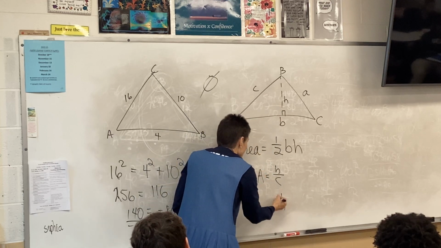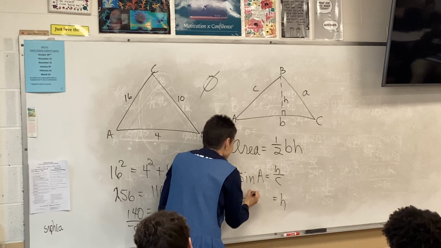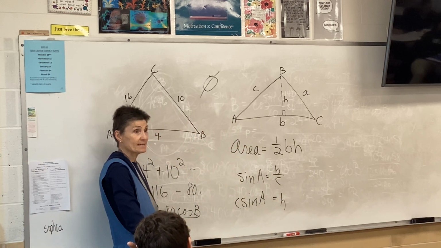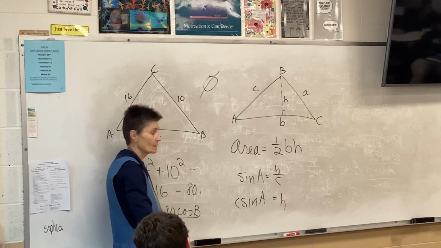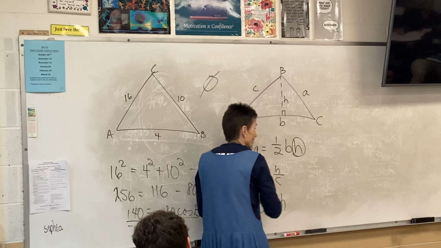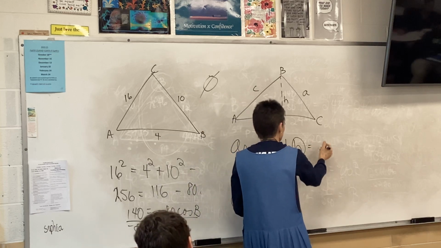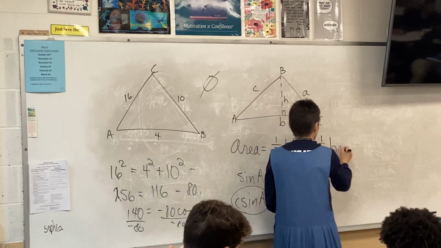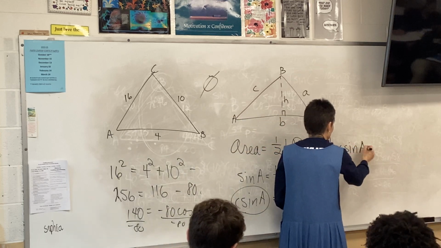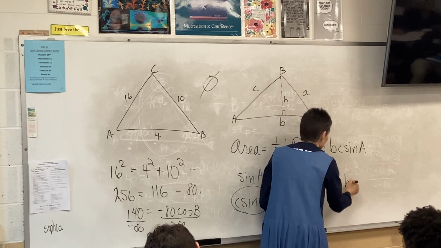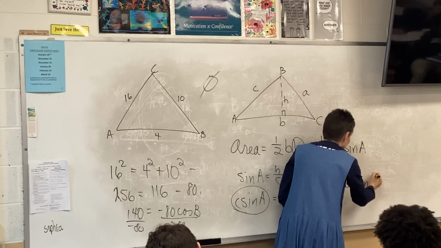So H is C sine A. If I solve for H, it's C sine A. If I were to take that and plug it in here, then my area becomes 1/2 B C sine A. And that is our new area formula.